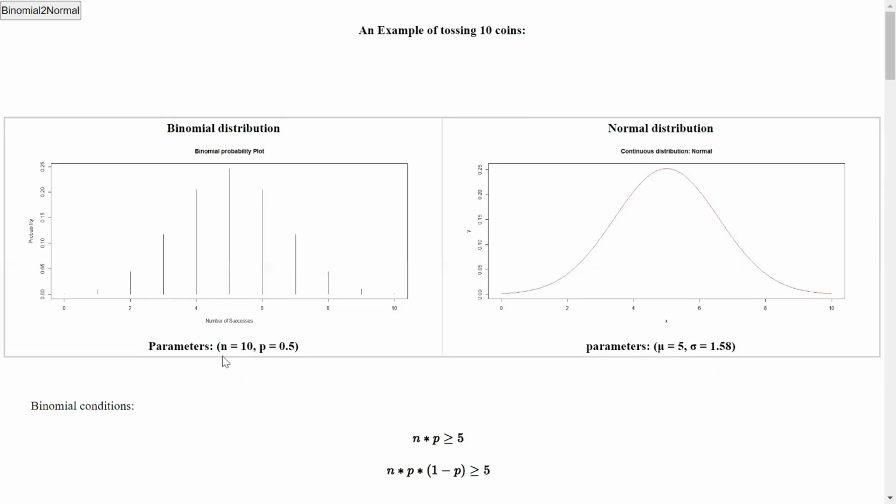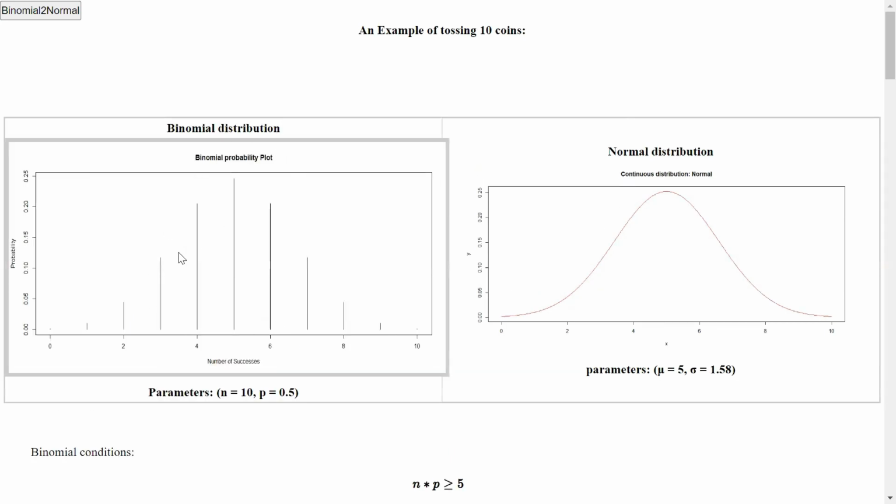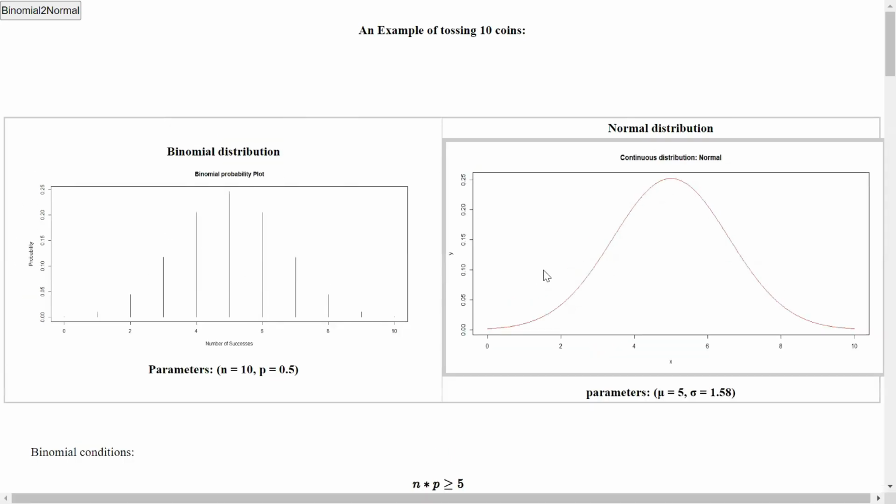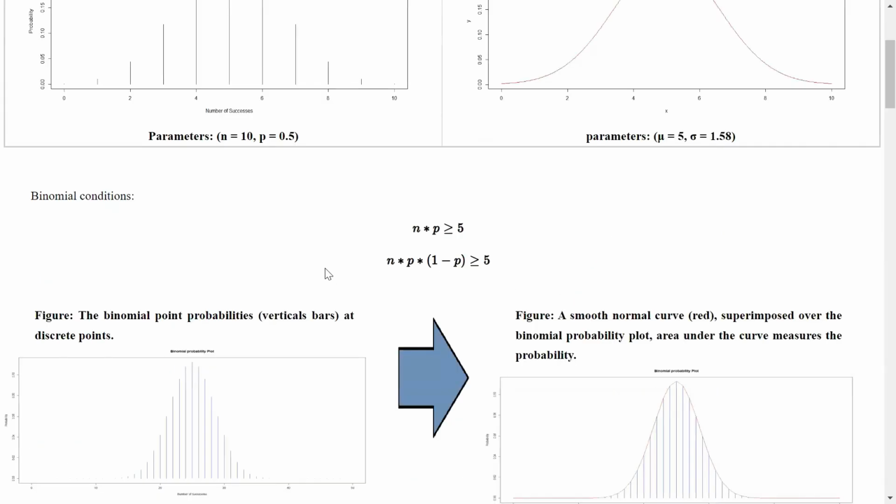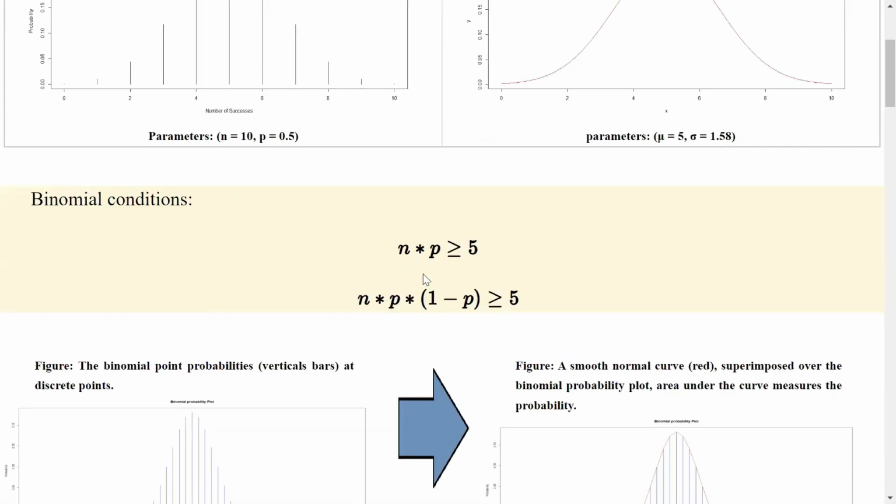Also, as n gets larger and the parameter p, the probability of success, becomes smaller, it is better to approximate this binomial distribution with a normal distribution. But first, make sure that these binomial conditions are met for this approximation.